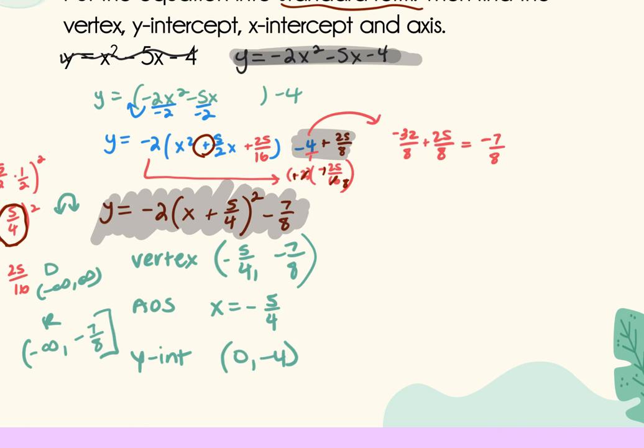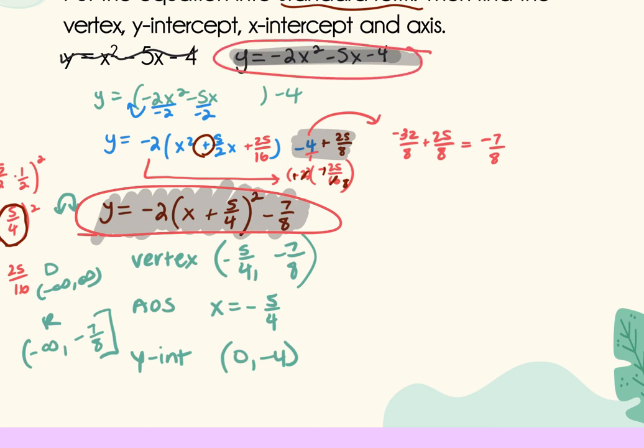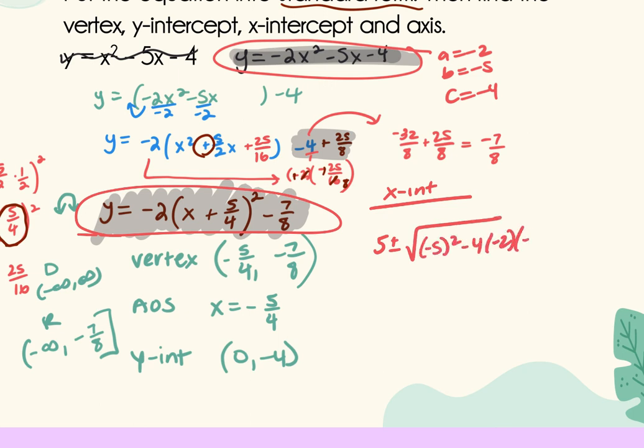Yes, so for the x-intercept, you have 2 choices. Take this standard form and solve using your even root property, but that's pretty complicated. There's a bunch of fractions in there, okay? Or go back to the original and do the quadratic formula. So a is -2, b is -5, c is -4. So these are my x-intercepts. -b, so 5 plus and minus the square root of -5 squared minus 4 times a times c, over 2 times a.